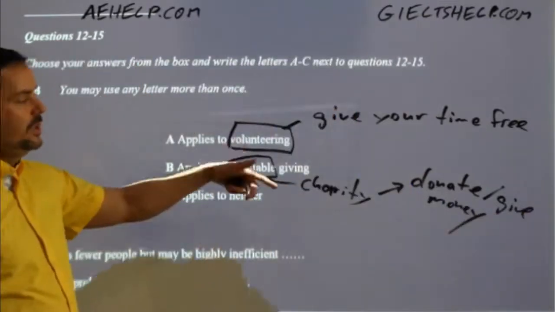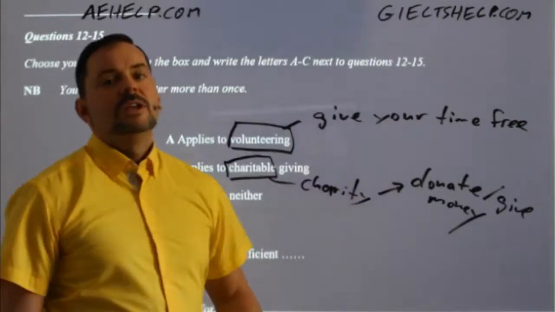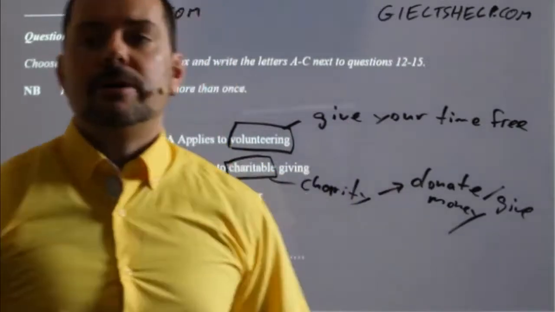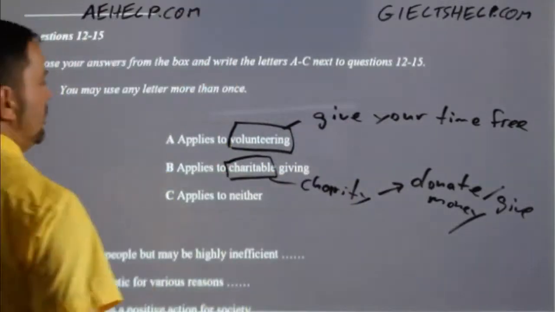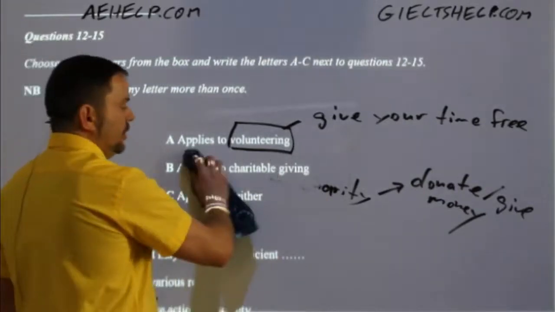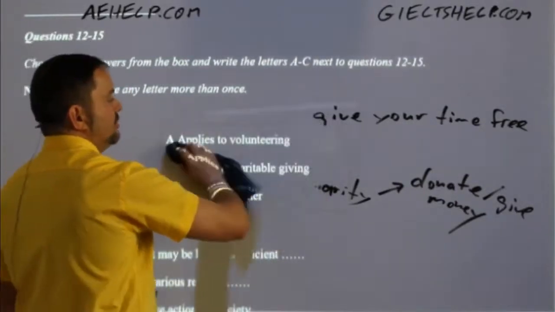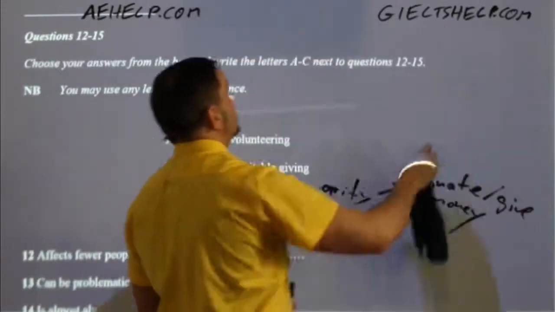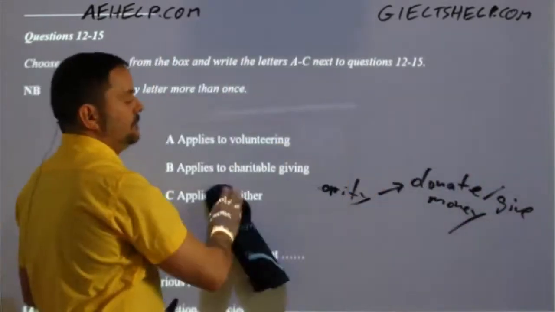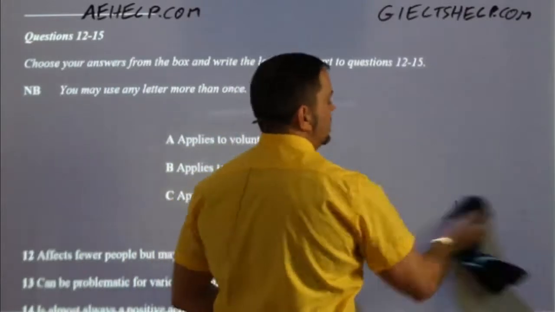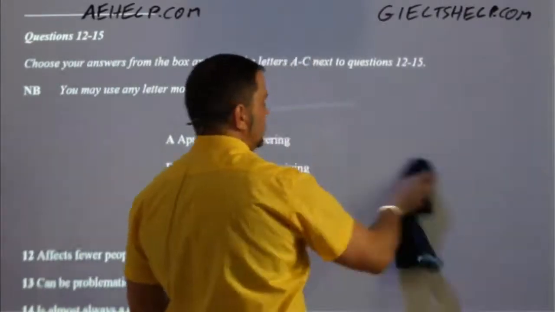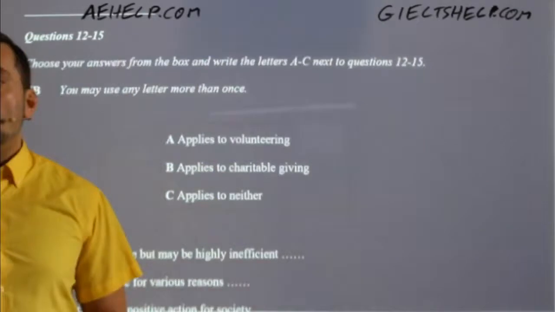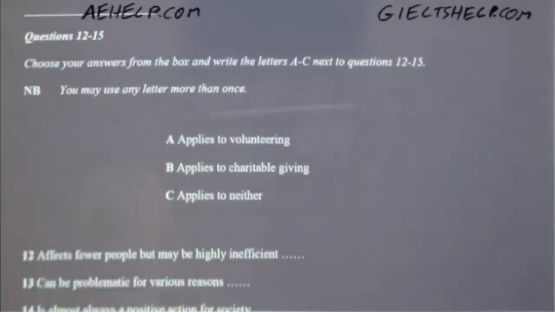So volunteering, giving your time; charity, giving your money. Right now, I'm volunteering to teach IELTS. Of course, I'm also encouraging you to buy our products, gieltshelp.com or ahelp.com, but I'm not asking for money up front. So this would be considered volunteering my time, not charity.